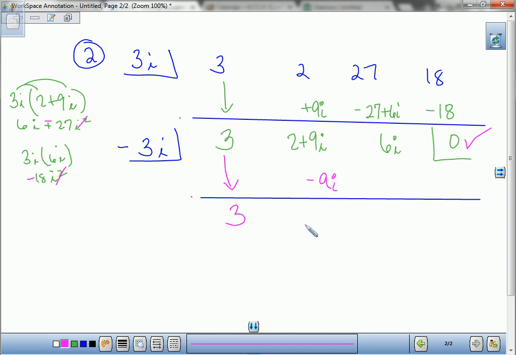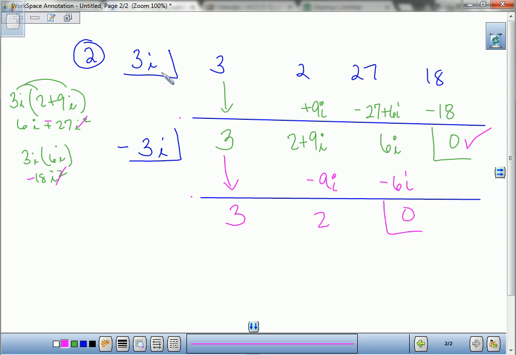And then we add 2. And then we multiply. And then we add 0. So we brought it down, we multiplied, and when we added, the i's canceled. And then we multiply, and we add, the i's cancel.